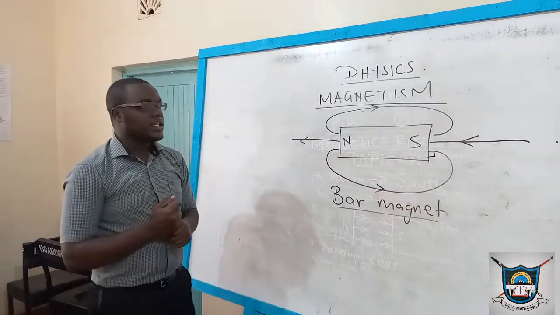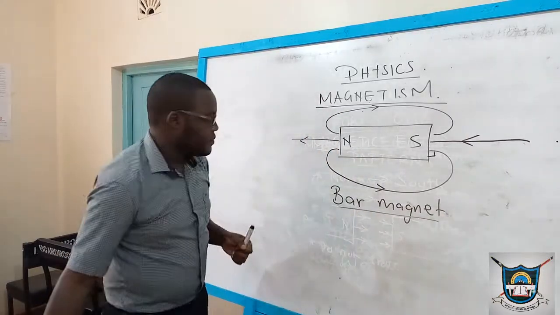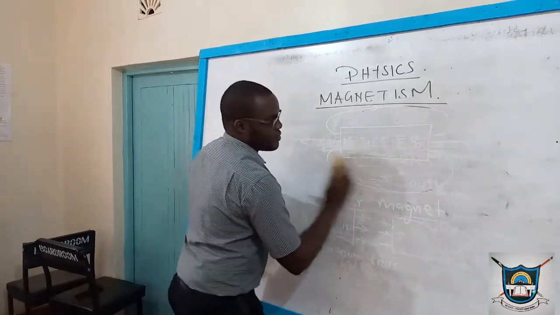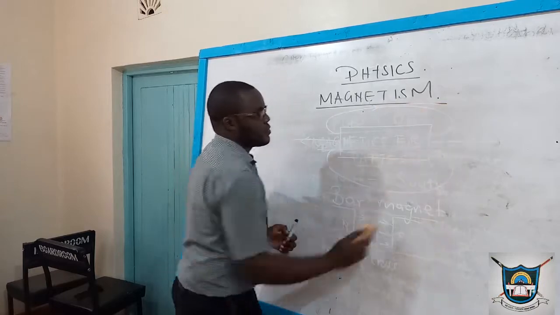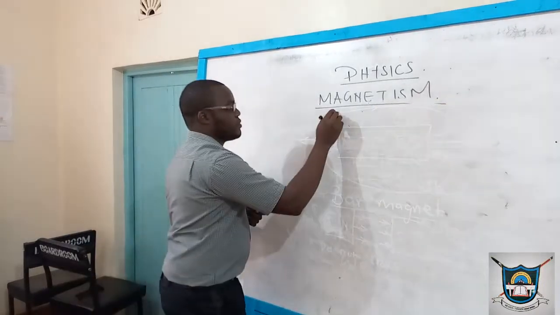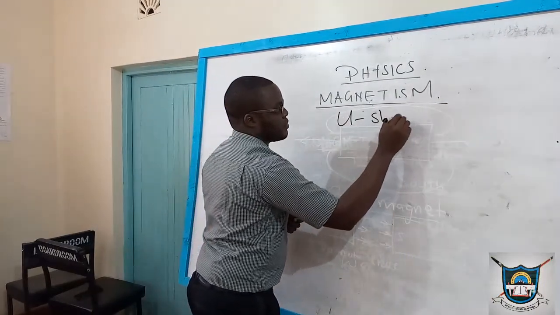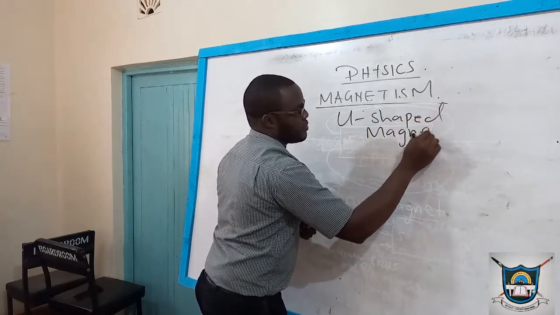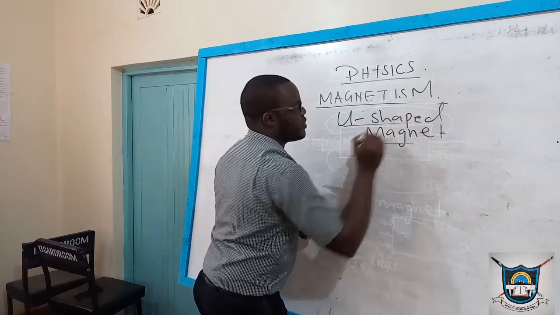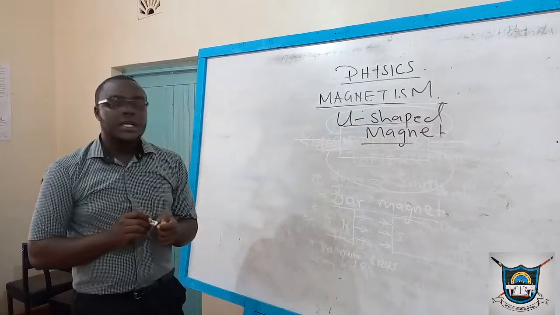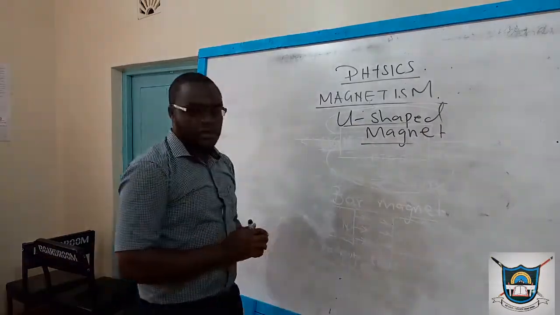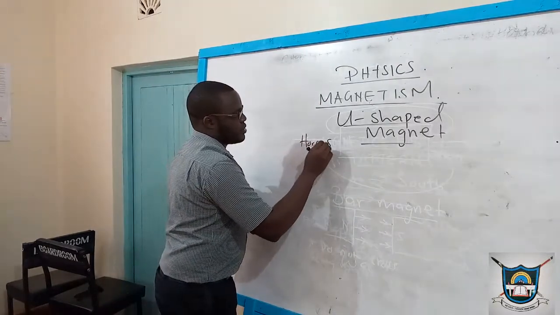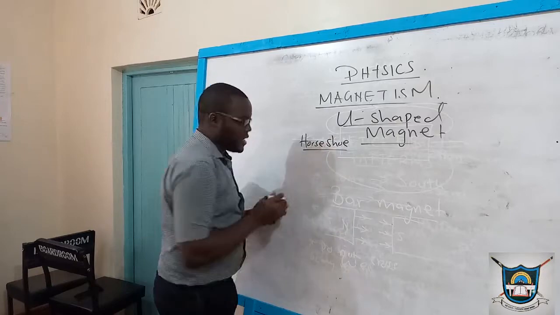Next, we look at another type of magnet, the U-shaped magnet, also called the horseshoe magnet.